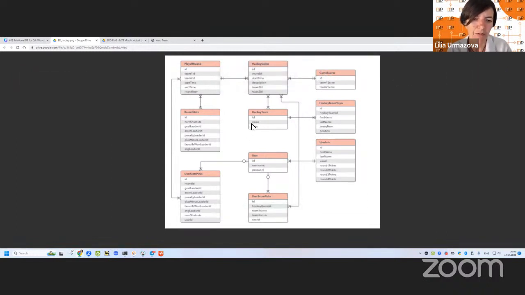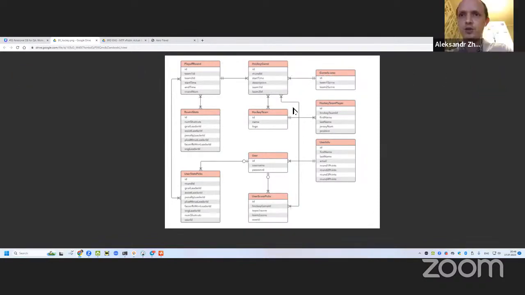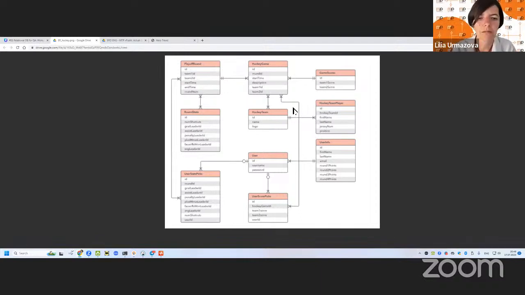Okay, so the hockey team ID, name, logo. What does this mean? This relationship from hockey game to the hockey team. Many to many, yes, I think. What is missed here?